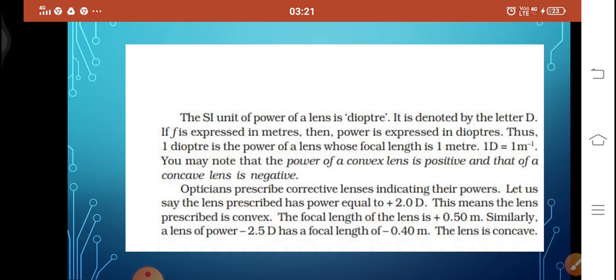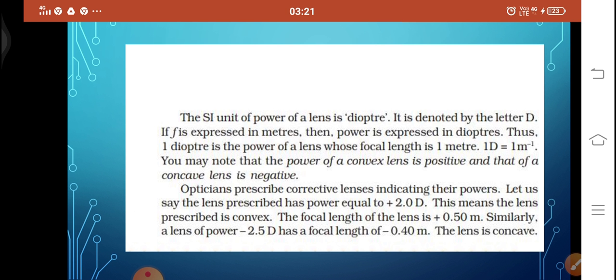So what we can say, power is the power of an optical lens. It is the ability of convergence or divergence. Then the second thing, that power equal to 1 by f, and f in meter. Power totally depends upon focal length.